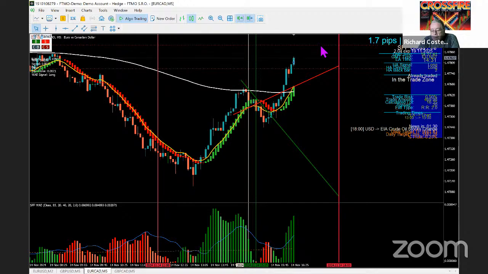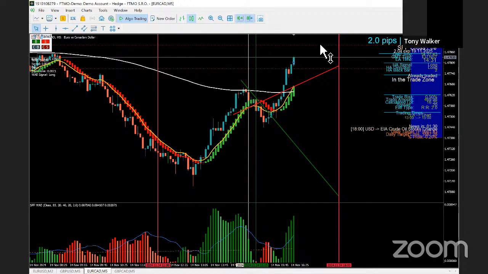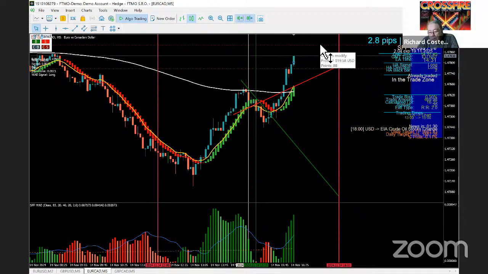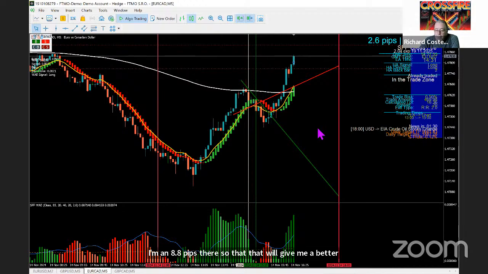Didn't want to do it, but anyway, there we go. So I'm on 8.8 pips there. So that will give me a better win if it gets up there.